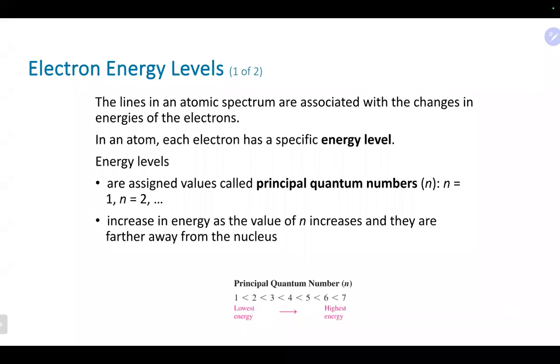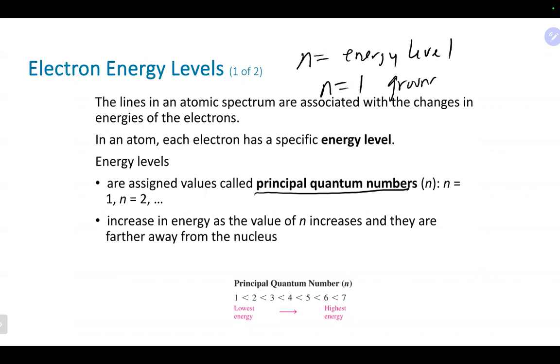So what are these energy levels? The energy levels, when we talk about where electrons are, are referred to as the principal quantum number. And that is n, which is, again, a fancy way of saying basically the energy level. An n that is equal to 1 is a ground state, and that is the lowest in energy.